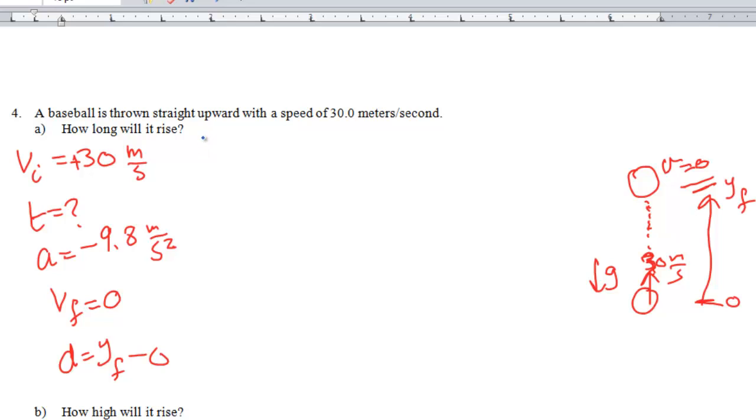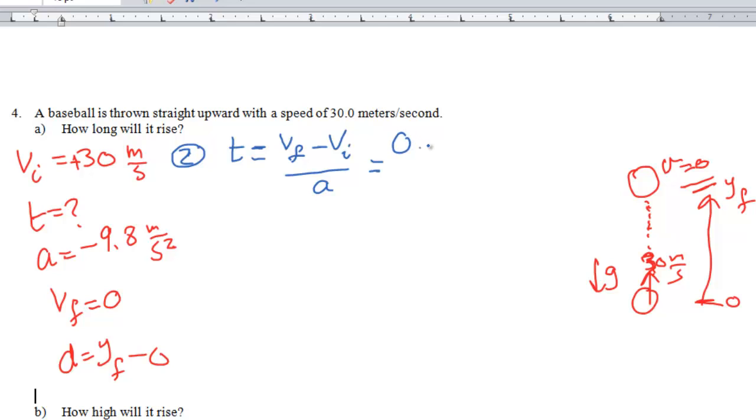Okay, so how can we solve for the time? We need to look for an equation that has the time and it should not have displacement, because we are not given any information about the displacement. And this will be equation number 2. So we need to rearrange equation number 2 to solve for t. Therefore the time will be equal to v final minus v initial over the acceleration.